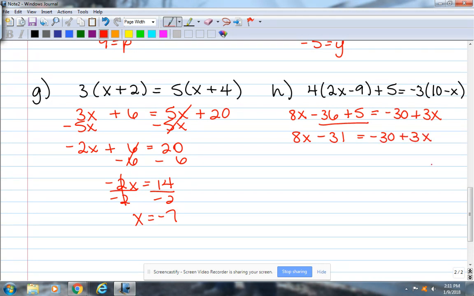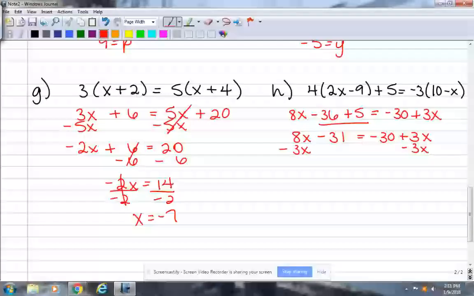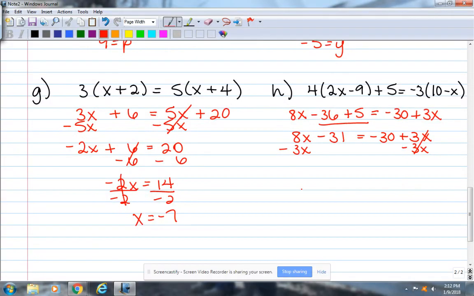So now after I've done all my distributing and combining like terms, I can start going across the equal sign to get my x's together. Okay? So somebody tell me one way I can get my x's together. Very good. And what is 8x minus 3x? 5x minus 31 equals negative 30.